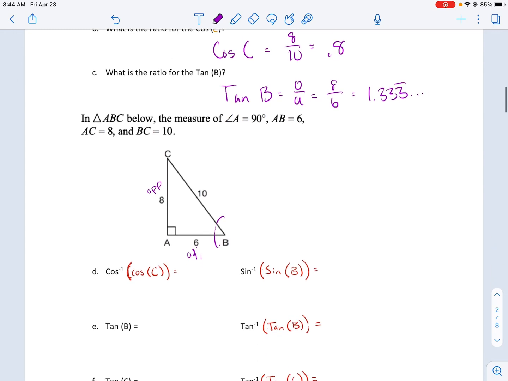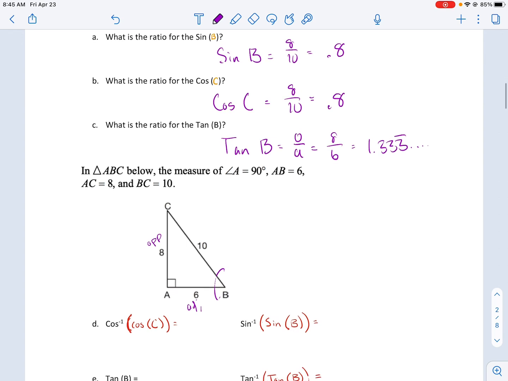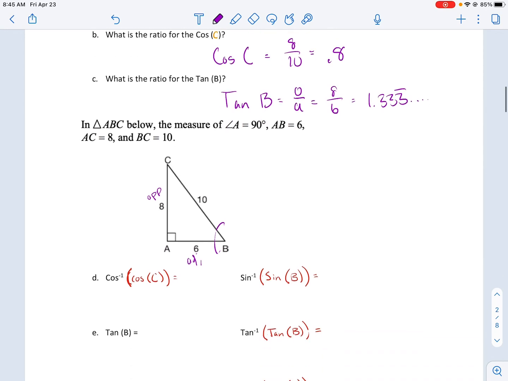Okay? And so then I want you to take the inverse cosine of 0.8. Okay, so again, looks like I'm getting 36.87. Inverse sine of 0.8, shouldn't be any shocker, 53.13.